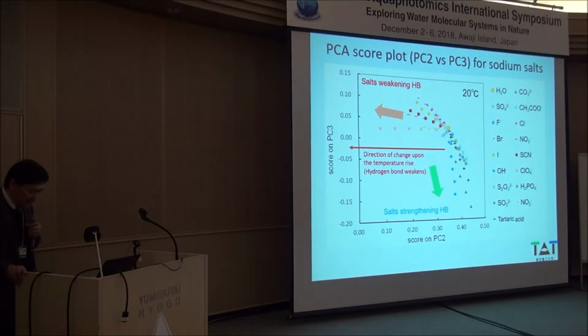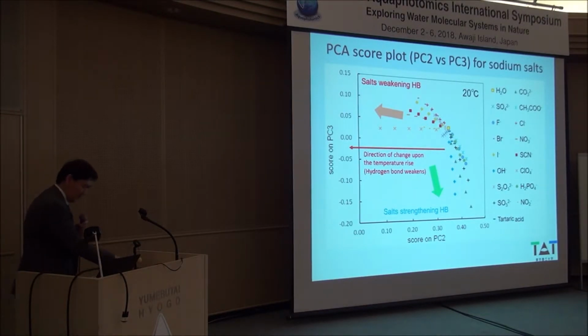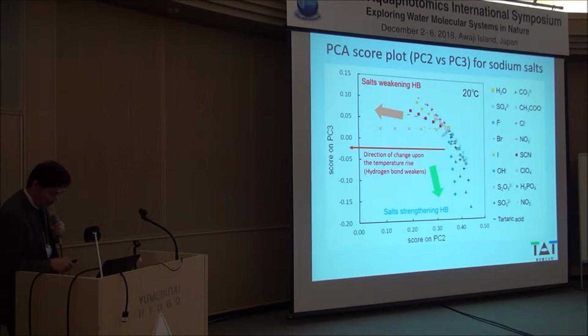The score on the third component against the score on the second component of each spectrum measured at 20 degrees is plotted. The plot for pure water is here.